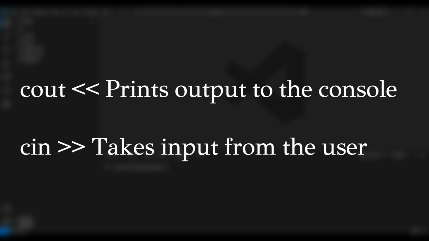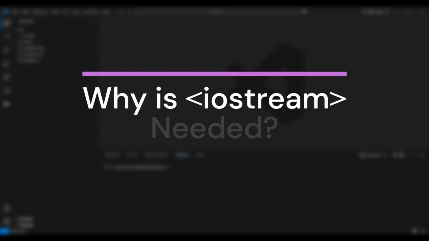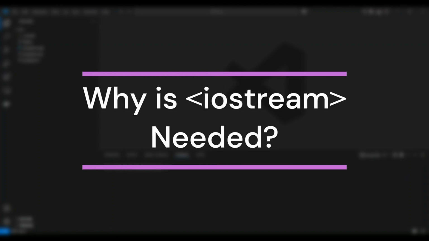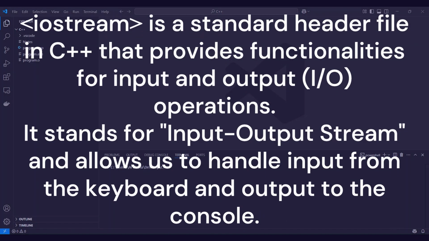What is the iostream library and why do we use that for each code? Iostream is a standard header file in C++ that provides functionalities for input and output operations.